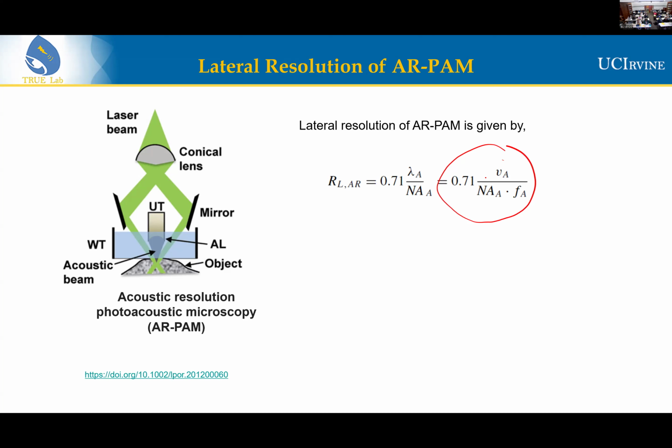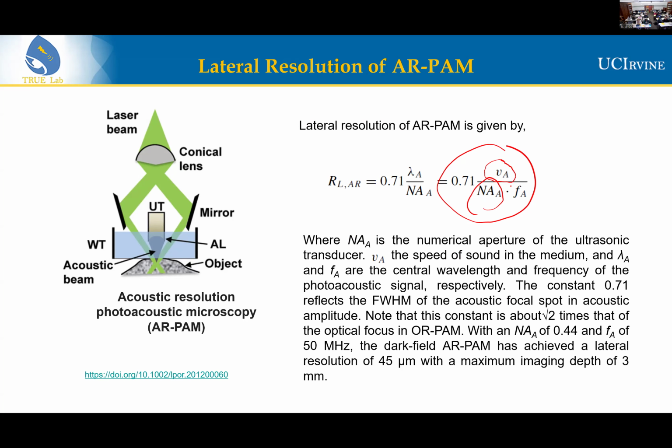And then you have the speed of sound in that tissue, and then you have the NA, which is the acoustic focus numerical aperture, and then you have the frequency bandwidth of the ultrasound transducer. So if you're using a larger frequency band of the transducer, you would have a better resolution.